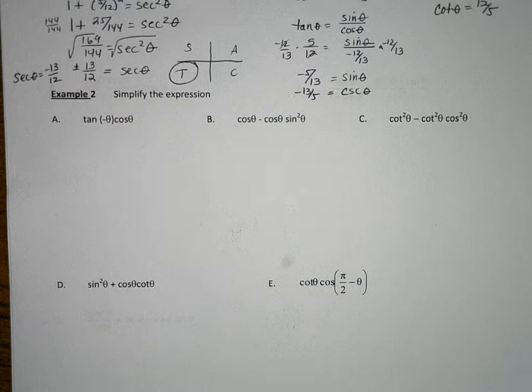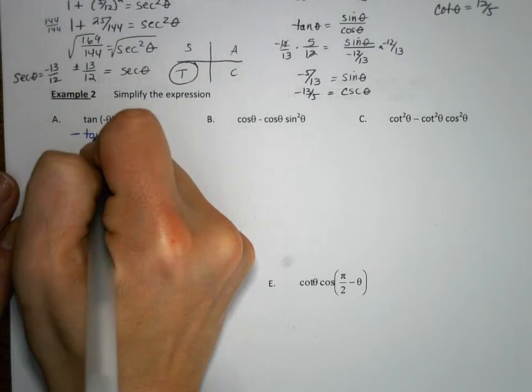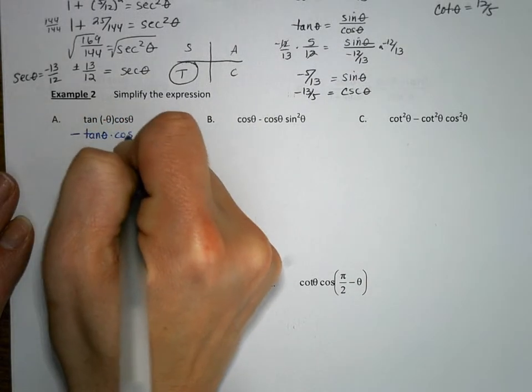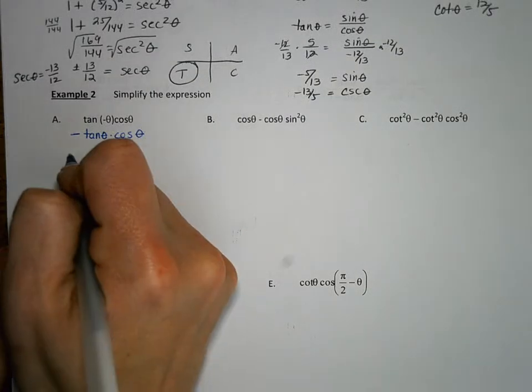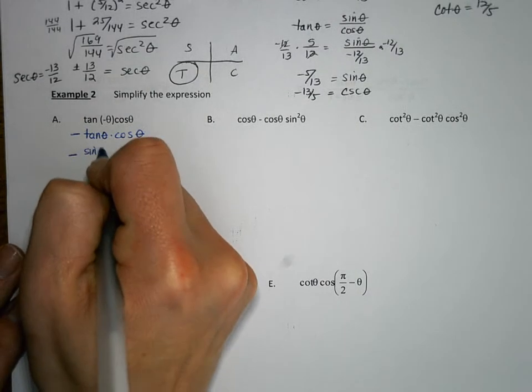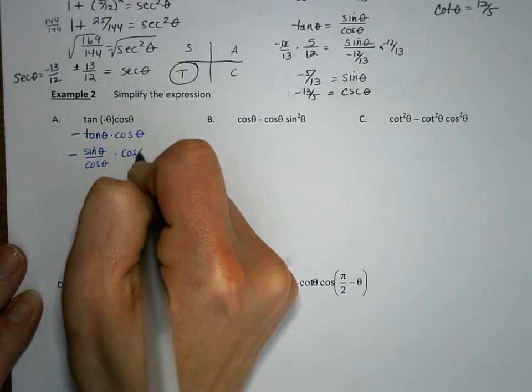So, tangent of a negative angle. What is the tangent of a negative angle? Negative tangent, absolutely. So I'm going to put negative tangent of theta times the cosine of theta. Now, what is tangent? Sine over cosine, absolutely. So this is negative sine of theta over cosine of theta times the cosine of theta.